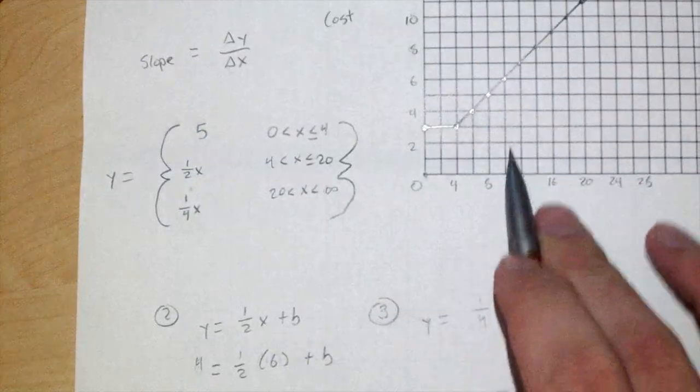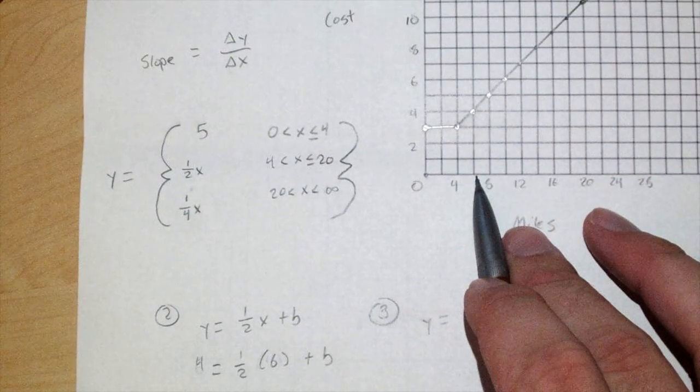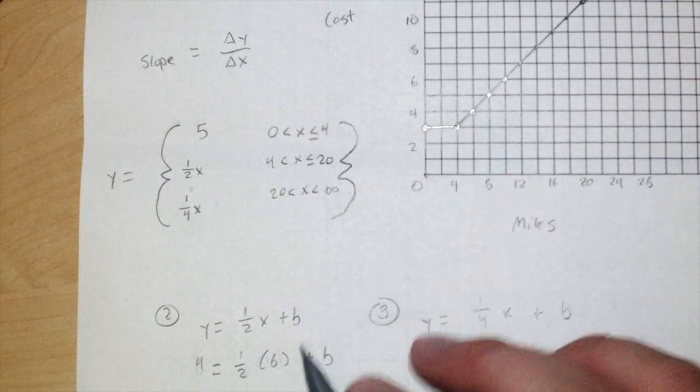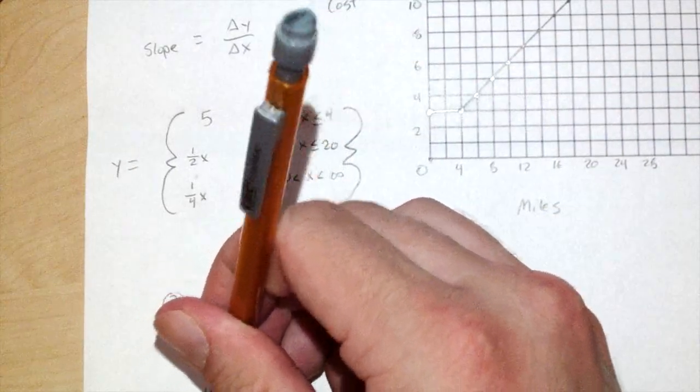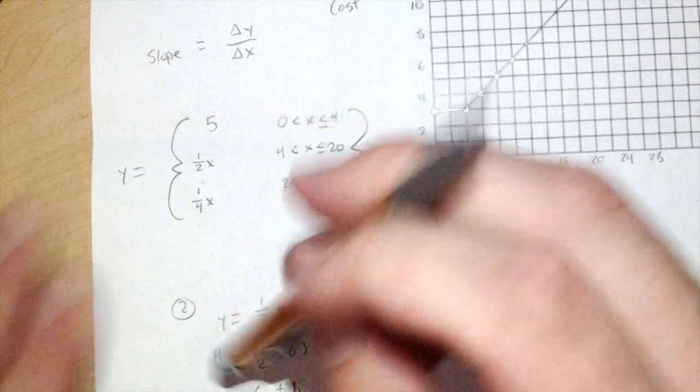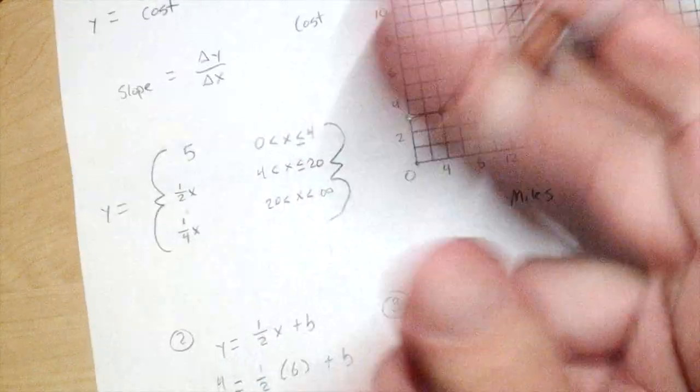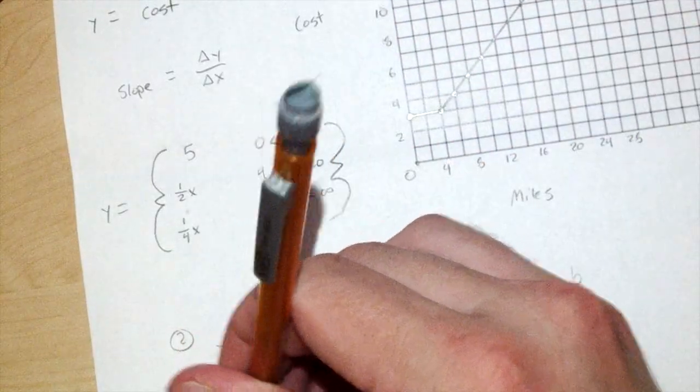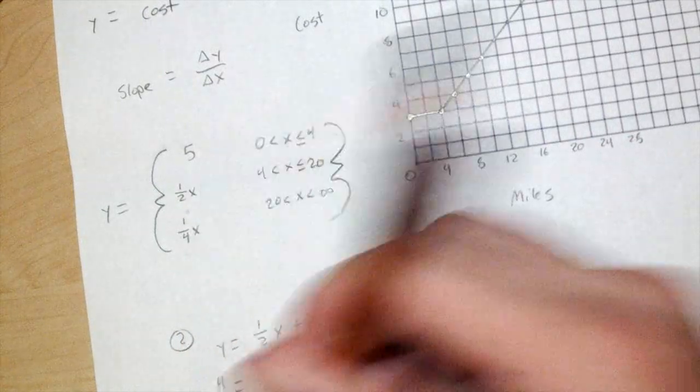So I'm trying to figure out this part of the equation. Plug it in: 4 equals 1/2 times 6 plus b, so 4 equals 3 plus b. b equals 1.